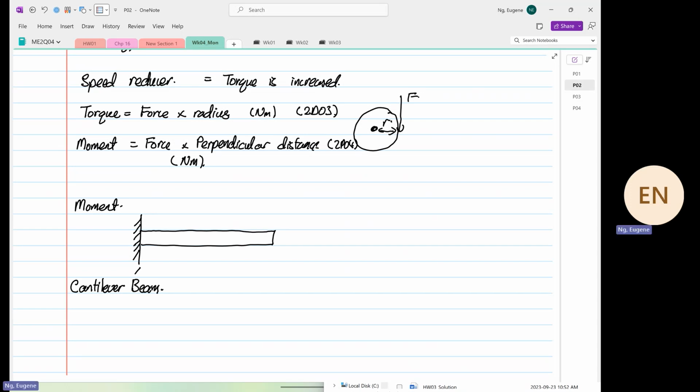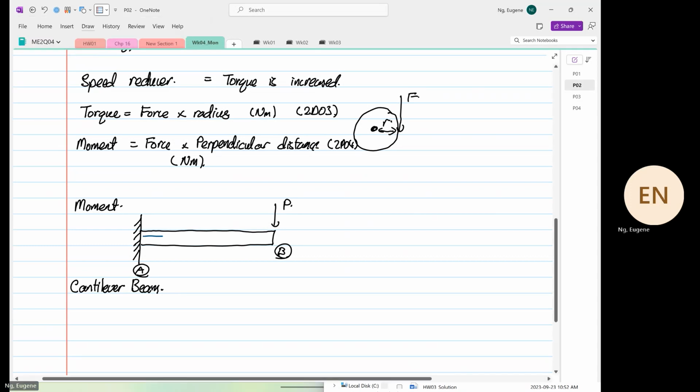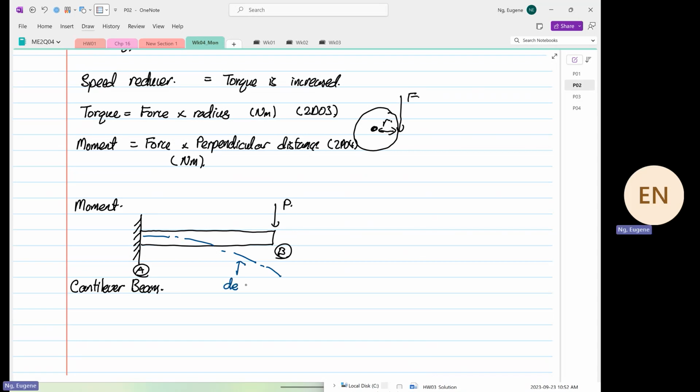We have point A and we have point B, and we have a force applied down here, P. Right? We have a force applied on the top P. How will the structure deform? Anyone? How will the structure deform? It will deform like a sad face, right? It will deform like this. So this is our deformation pattern.